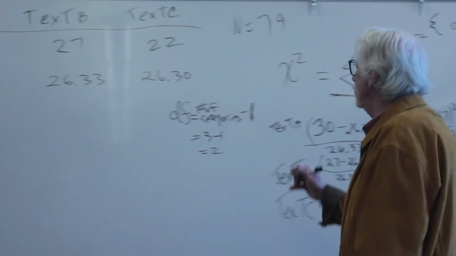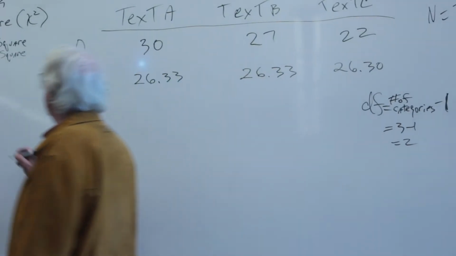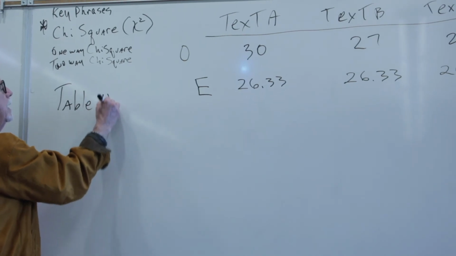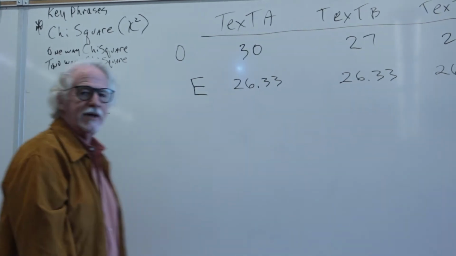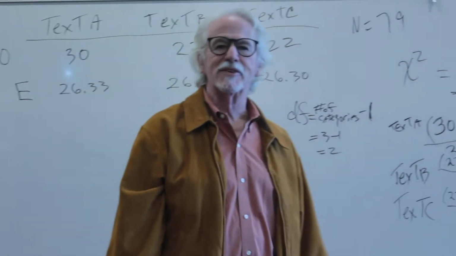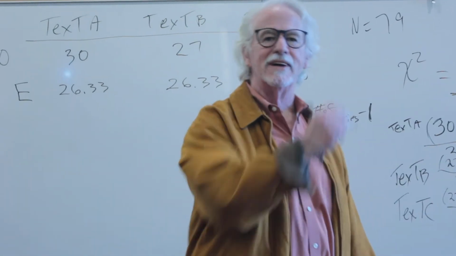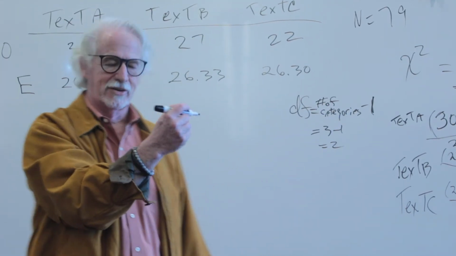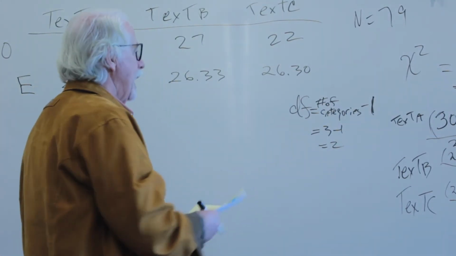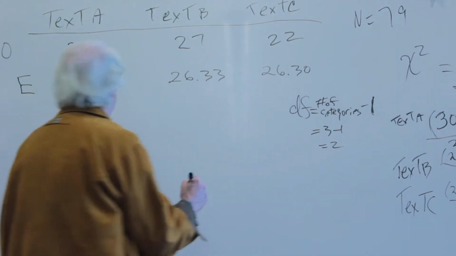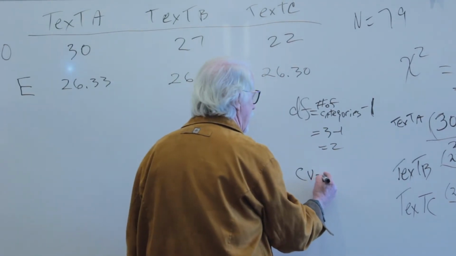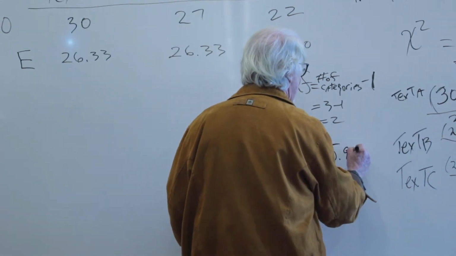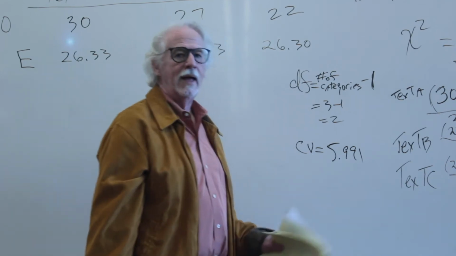If you go to table 11, you go to the first column of degrees of freedom, go down to 2, and go across just like we have been doing to the 0.05 level and check the critical value. In our case, the critical value from the table is 5.991.